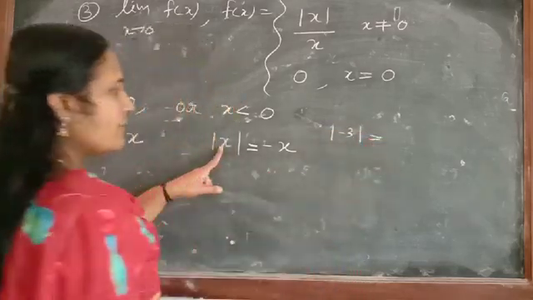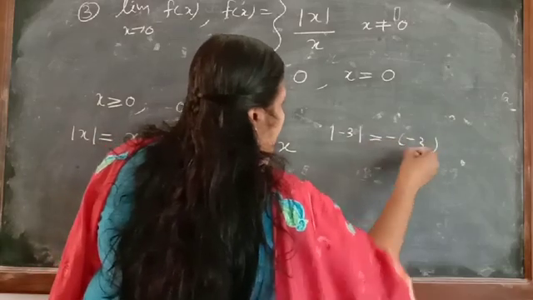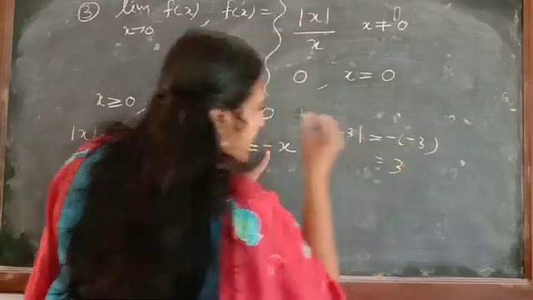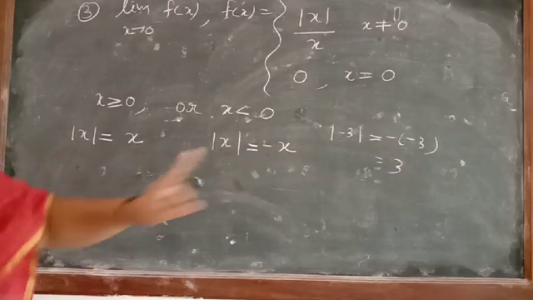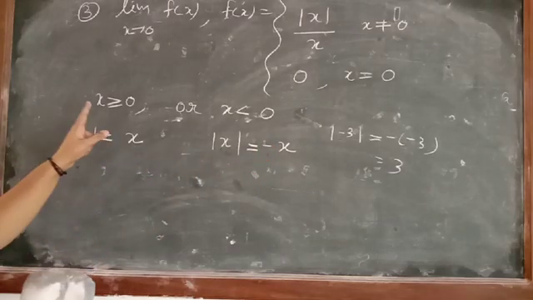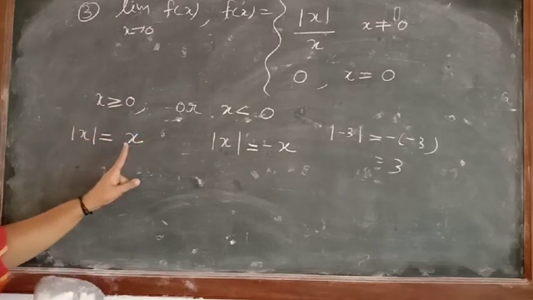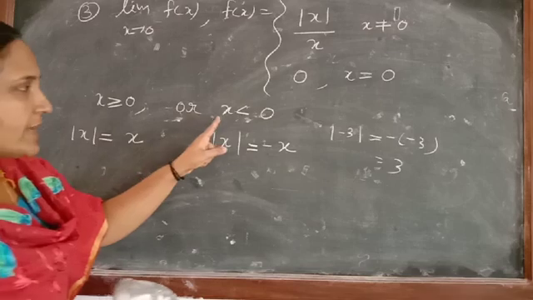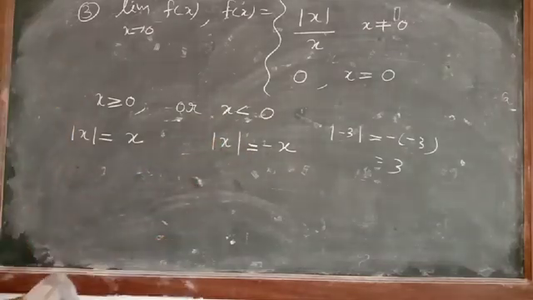Then modulus of minus 3 will be equal to minus of minus 3, which gives plus 3. That's why we always say that the modulus function is positive. So if x is greater than or equal to 0, we take mod x as x, and if x is less than 0, then we take mod x as minus x.